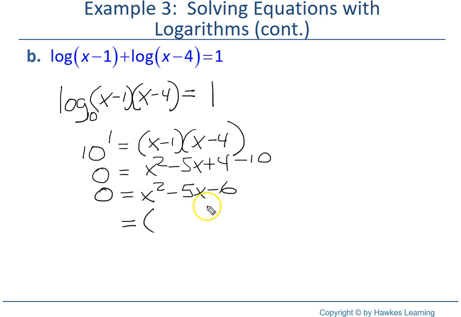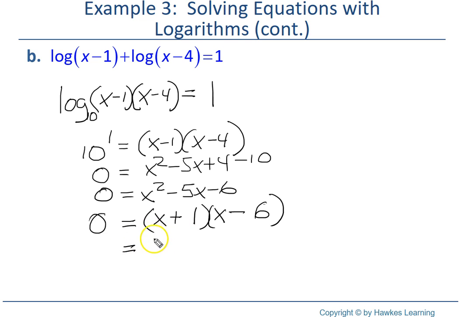So we're now going to factor this. X, 6 and a 1. Now you might have thought a 2 and a 3 would add up to 5, but it wouldn't give you this term after you FOILed it to check it. So this is going to be a negative and this is going to be a positive.